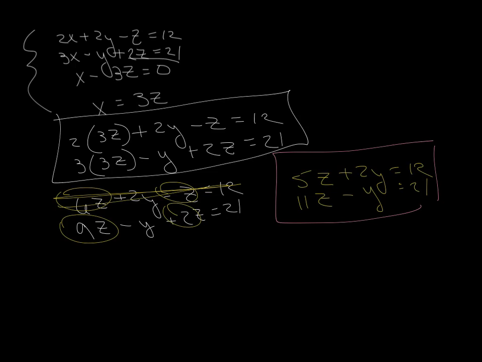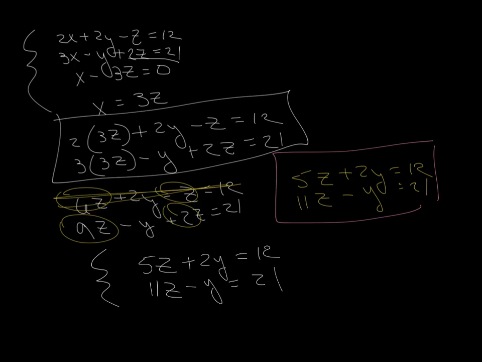So I'm going to rewrite it, and then once I'm done rewriting it, we'll go ahead and solve it. So 5z plus 2y equals 12. 11z minus y equals 21. Alright, so let's go ahead and use elimination to solve that.